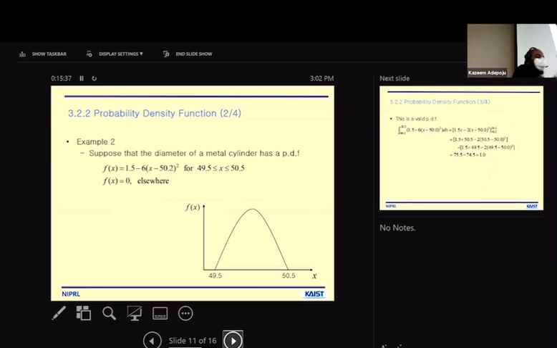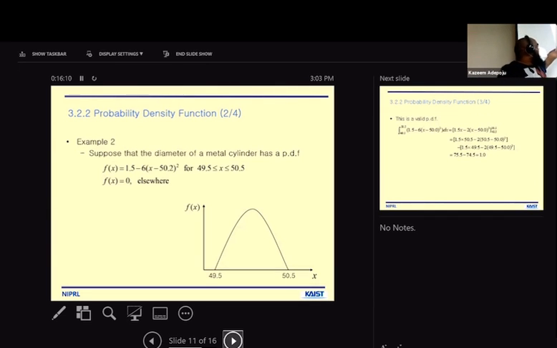Okay, now let's have this example. We're still talking about the diameter, and of course, according to the company, the diameter lies between 49.5 and 50.5. Based on the experience of people in this company, they developed a mathematical function that relates a probability with the values of the diameter.